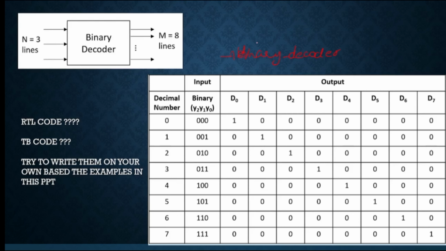So try to write at least 2 codes a day. Today I am asking you to write a binary decoder and half adder. Try to write these codes and try to implement any of them on the EDA Playground, or any platform that you are familiar with. So that is all for today.